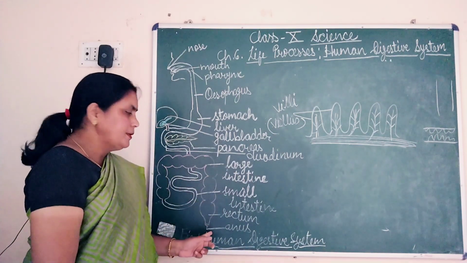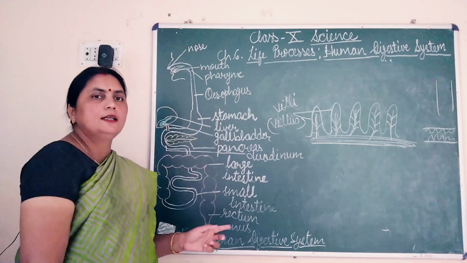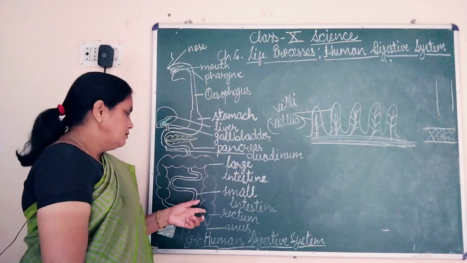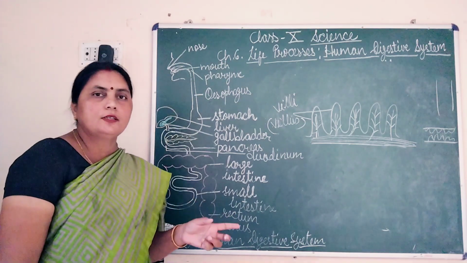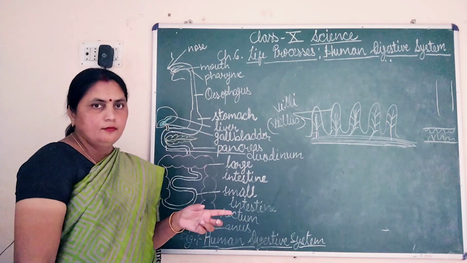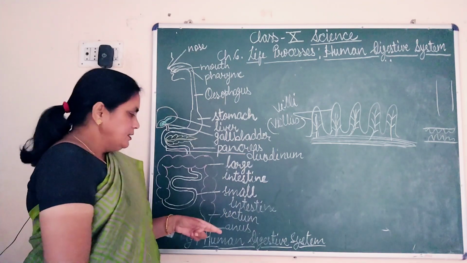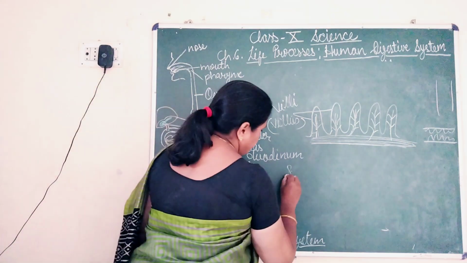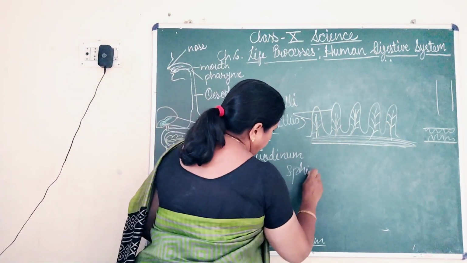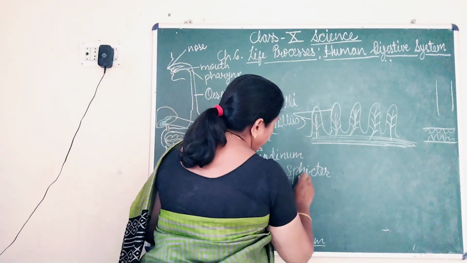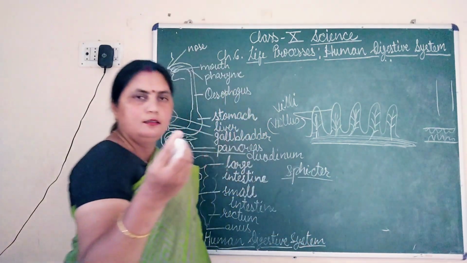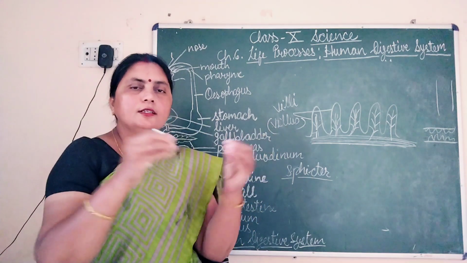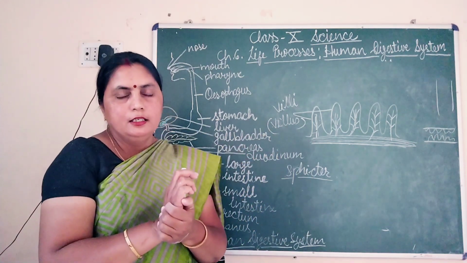So the rectum opens into an opening called the anus, and through this anus, the waste product is thrown out in the form of feces. The anus is provided with a sphincter, a muscular wall, which controls the opening of the anus.